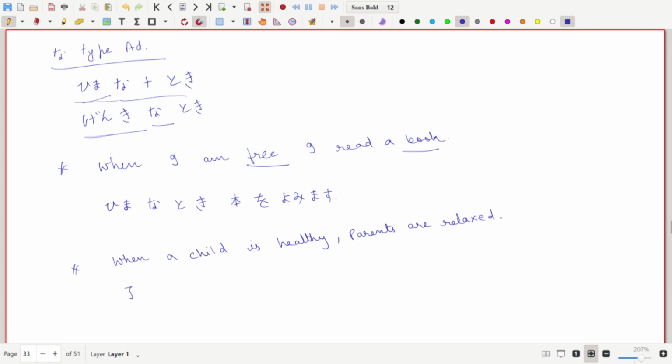So kodomo ga genki na toki, oya is parents, oya ga anshin desu. Anshin is to be free of worries, to be relaxed. So when a child is healthy, the parents are relaxed. So this is how we use it with the na type adjective.